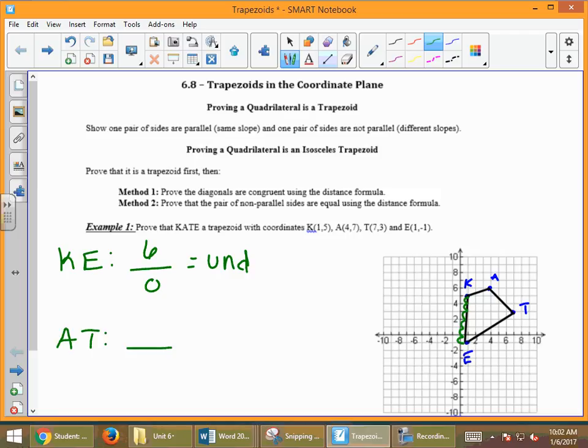Just count up and over. How far do we go up? 4.